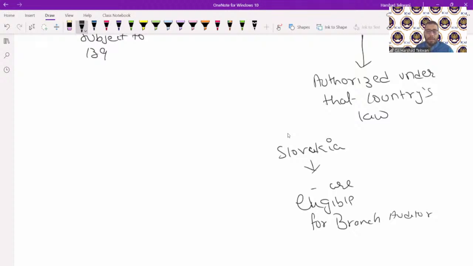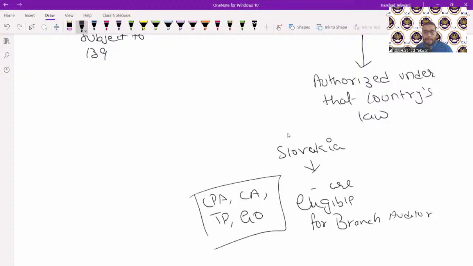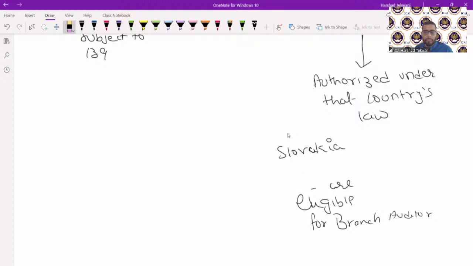Let's say in Slovakia, CPAs, chartered accountants, tax professionals and government officers are eligible for appointment as a branch auditor. Then as per the country's laws, anyone can become one. But again, that person should be eligible to become a branch auditor as per that country's law. Clear? So that was a hypothetical example.